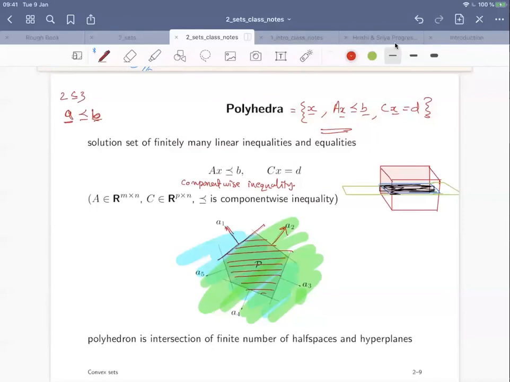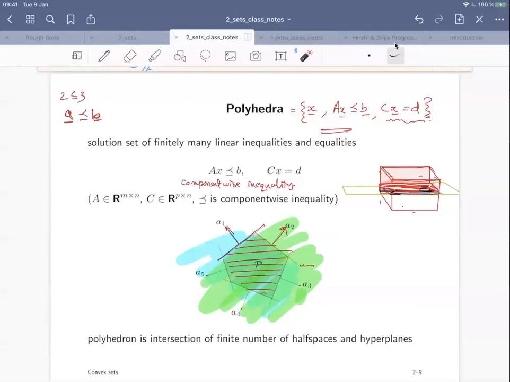Now you may wonder why, in the definition of a polyhedron, there is a hyperplane. You could define this using only half spaces, right? But no. For example, let's say you have a box here, which is defined by six different half spaces. But what happens if the polyhedron that you want is this one in the black box?